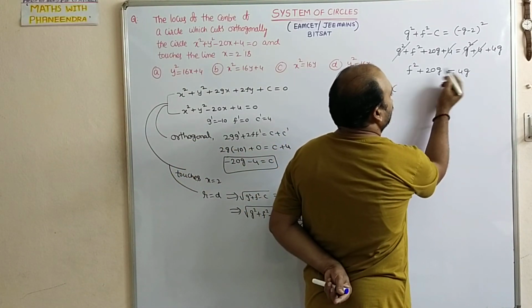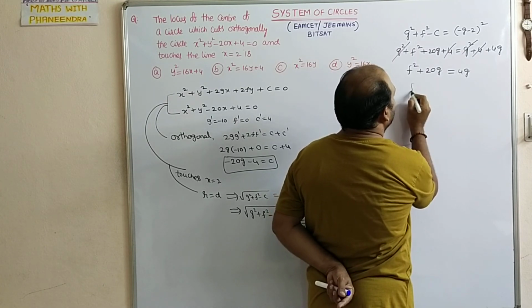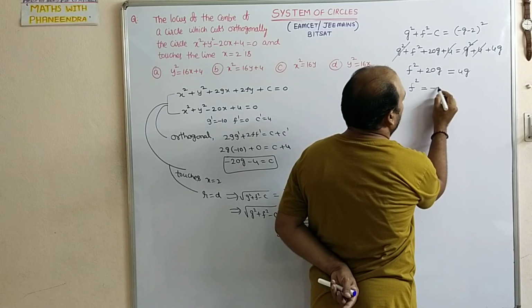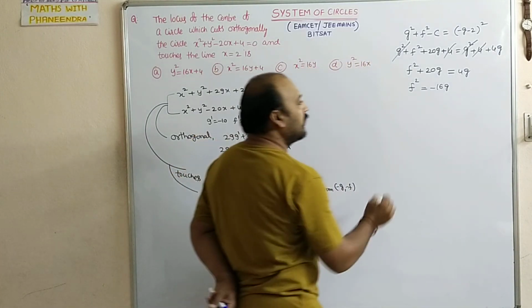This 4g we can take to this side. So f² = −16g. f² = −16g.